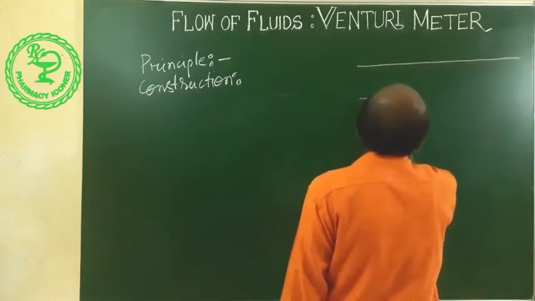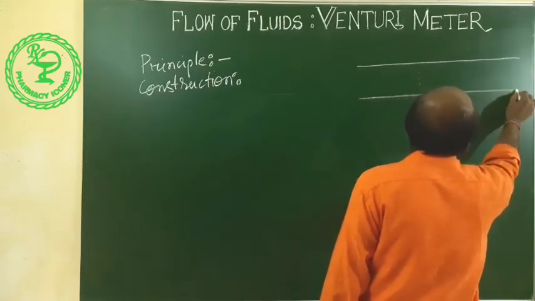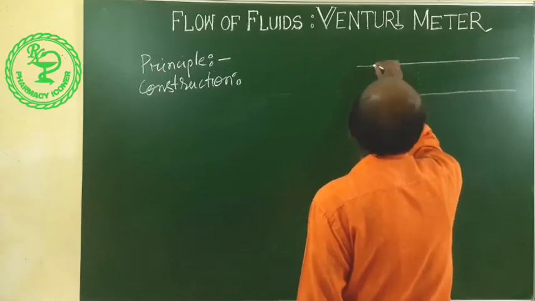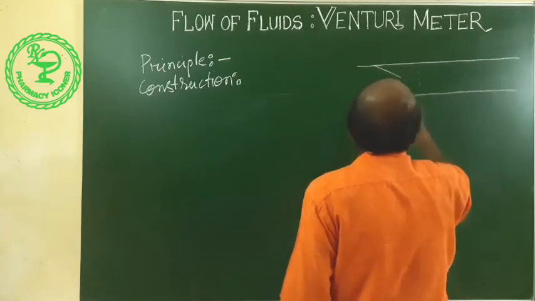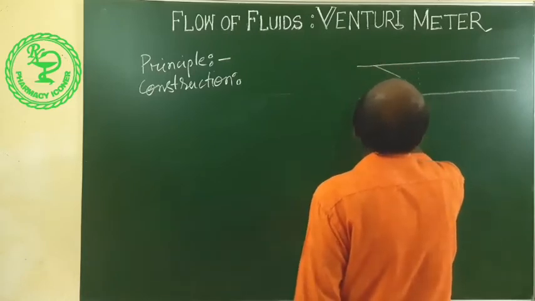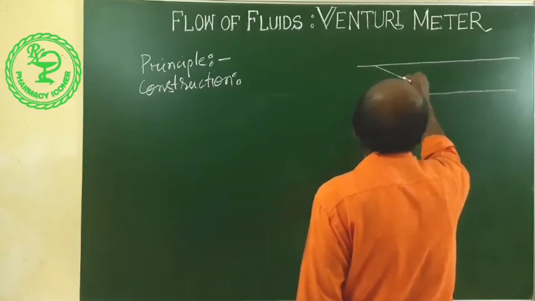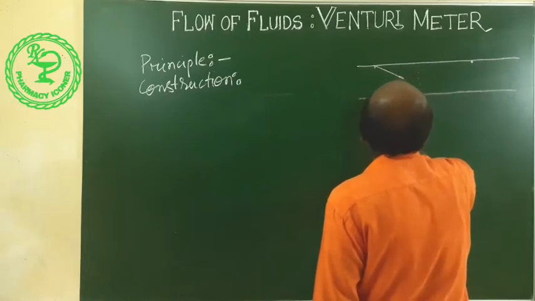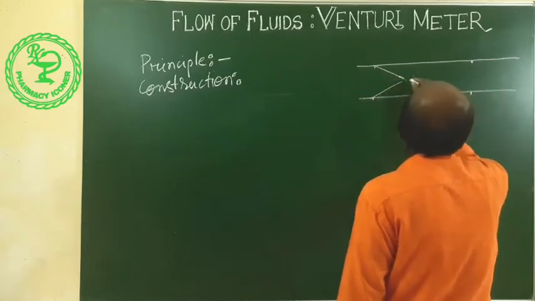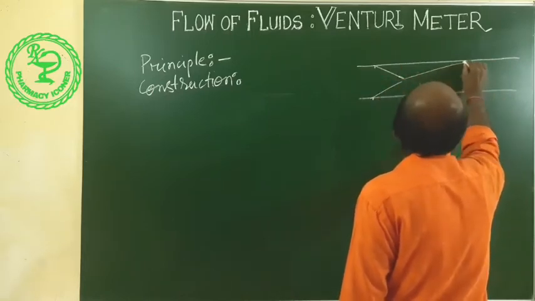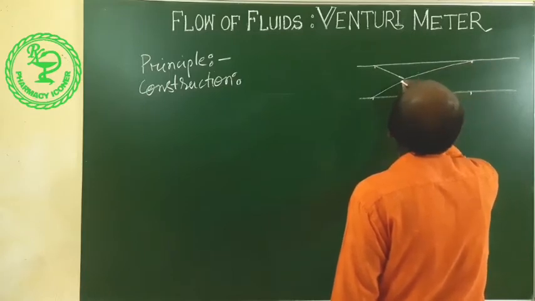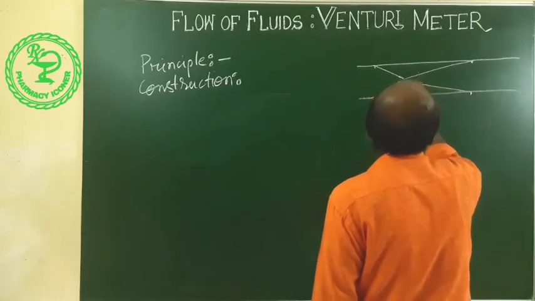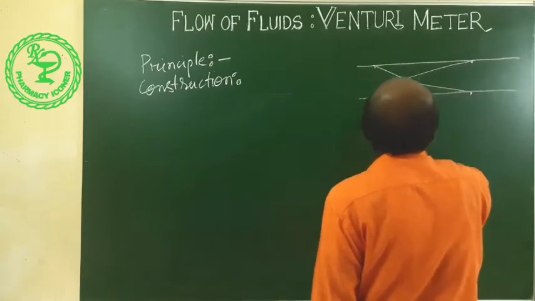This is the straight pipeline. You take a point like that. Here you add this, this is the venturimeter.